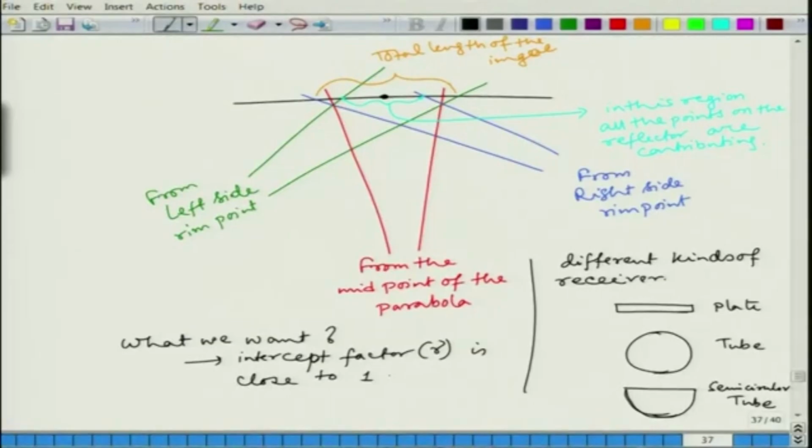That means, all the radiation that are getting reflected from the parabolic trough should intercept the receiver. So, we will see all these details, how the image forms on the focal plane and how the different receivers will affect in the next class in detail. Thank you very much for your attention.